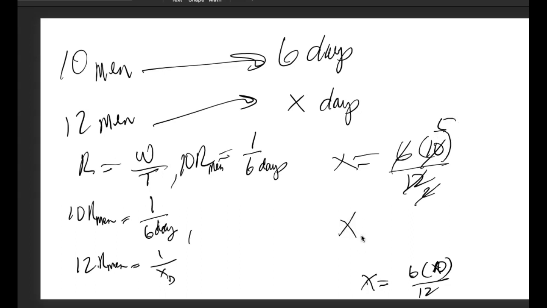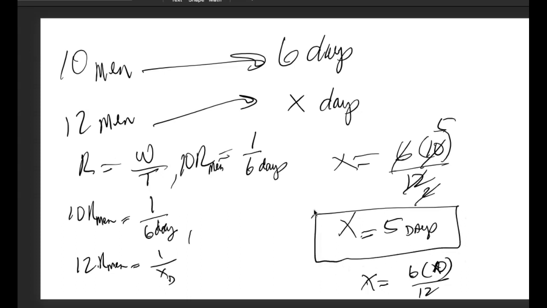So X equals 5 days if you add 2 more men. So you completed a day early. 10 men, 6 days; 12 men, 5 days. So that's it. That's the problem I wanted to show you.